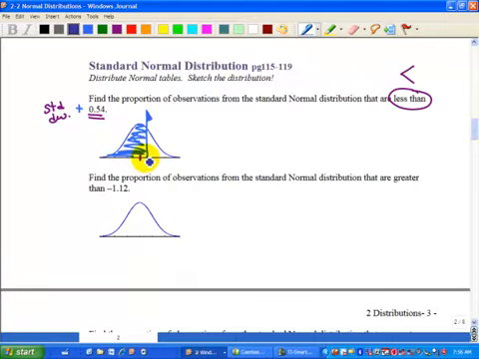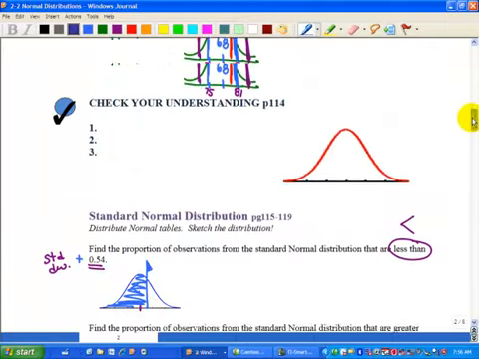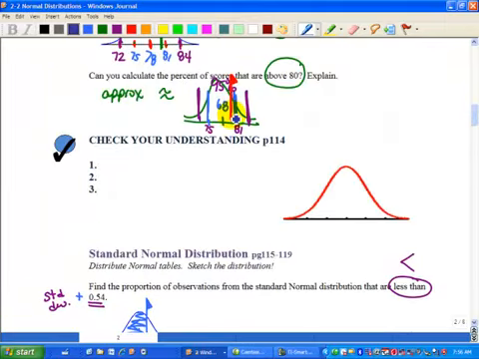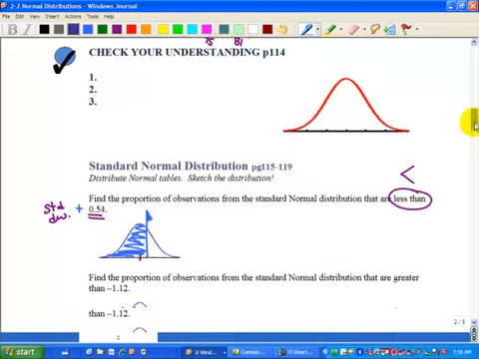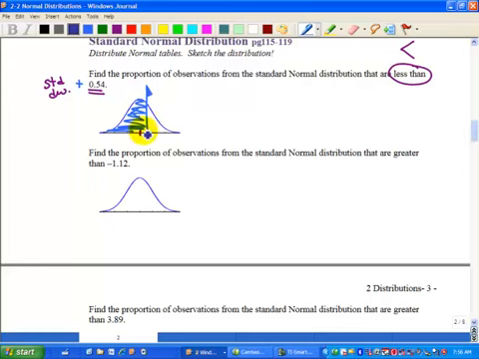Now, you know how we had trouble when we were trying to guess up here? All we could really do is kind of guess, well, I don't know, this looks like here's 50%, some number less than 50%, so maybe it was like 40%, 30%. We just know it's less than half. But now, down here, I can show you how to do it for real. On your calculator, there's a button called normal, because this is a normal graph.